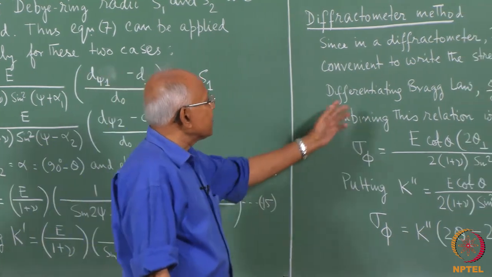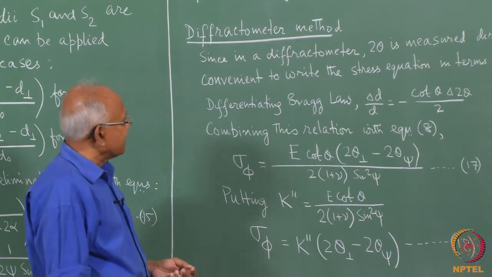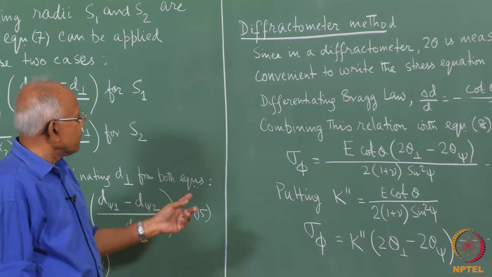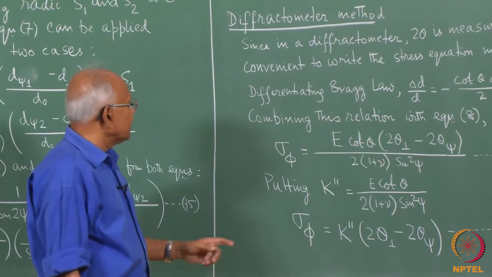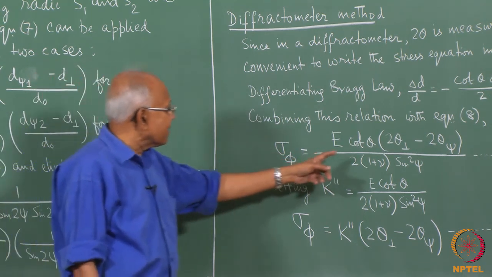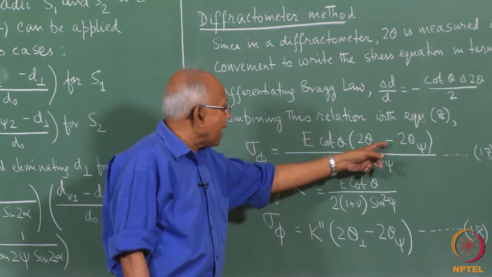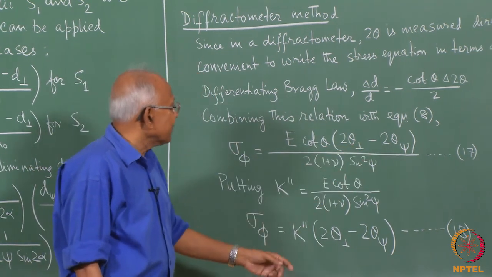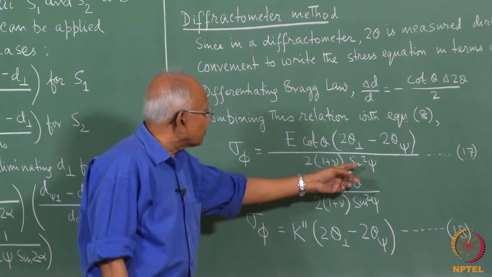So, if we differentiate the Bragg law, delta d by d is minus cotangent theta delta 2 theta by 2. Combining this relationship with equation 8 we can write sigma phi is equal to E cotangent theta (2 theta perpendicular minus 2 theta psi) divided by 2 into (1 plus nu) sin square psi.